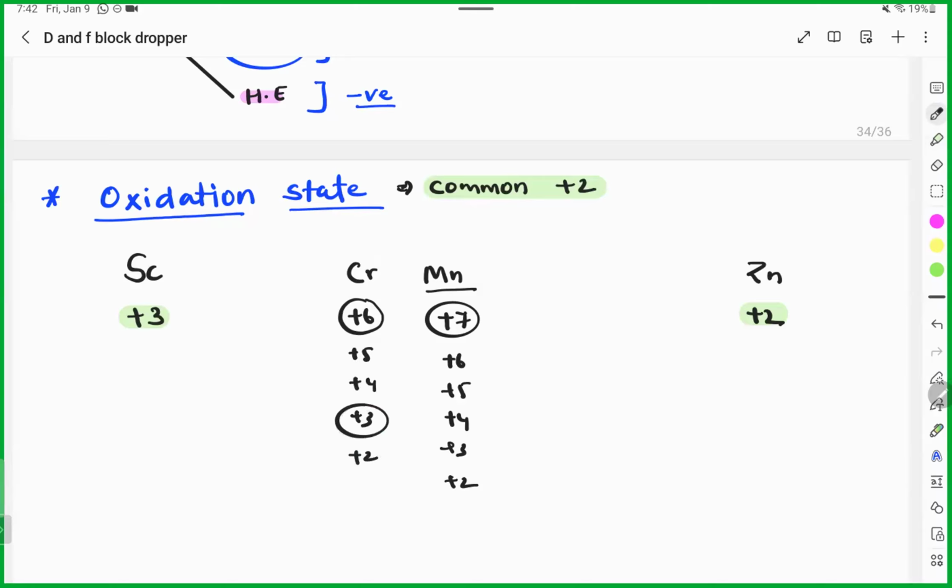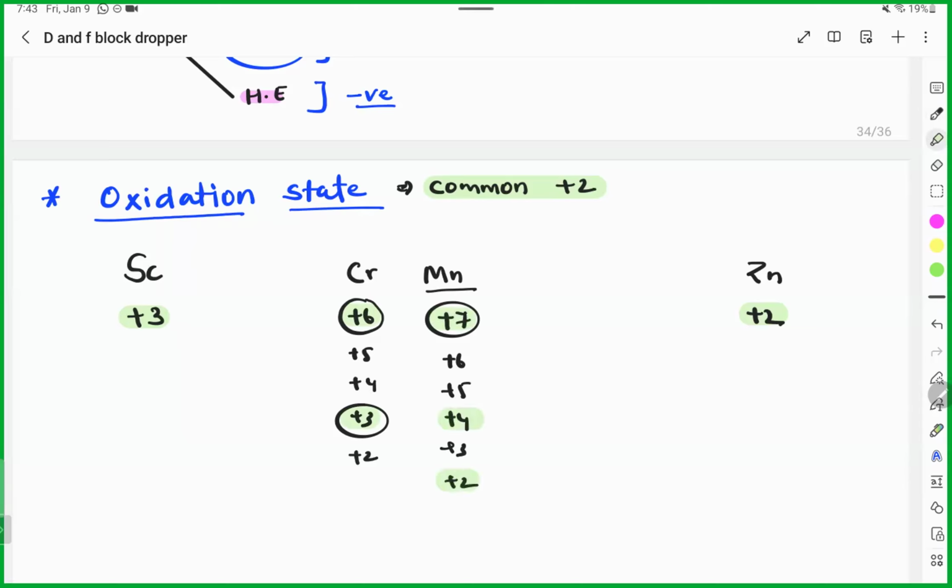Why these two? Because +6 and +3 you have seen in K2Cr2O7. When K2Cr2O7 reacts, it has +6, then it produces Cr2(SO4)3, where it will be +3. So these are the two stable oxidation states. Any doubt, guys? Even in the case of manganese, +7 is stable, +4 is stable, +2 is also stable.